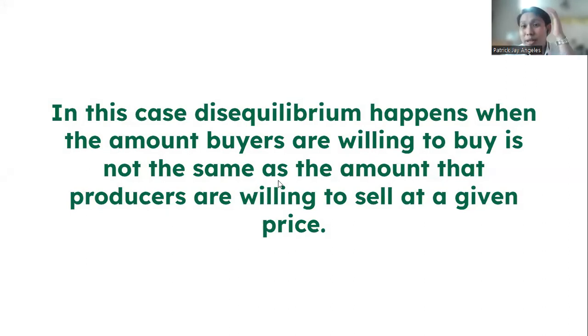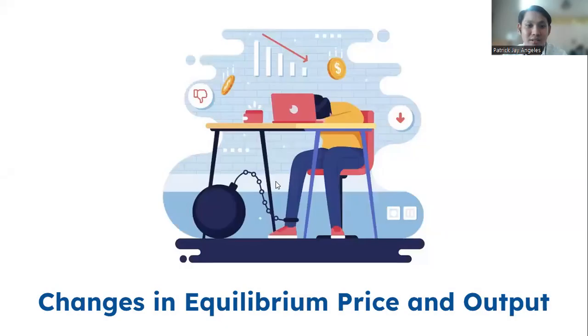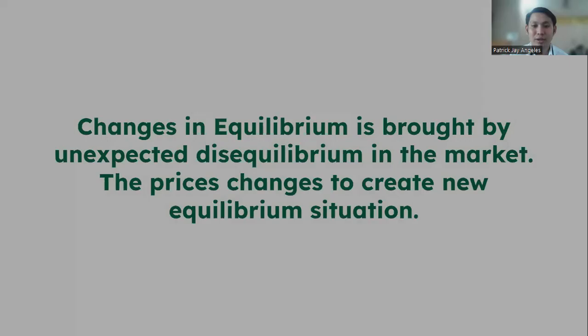Okay? Assuming that the products are setting aside the factors na pwede silang mabulok, pwede silang masira, or etc. Okay? But if that's going to be the case, then there's going to be a shortage, there's going to be a surplus. Kasi wala nang nagbabayad. Okay? Now, what do we do? Okay? This is what we do when it comes to disequilibrium.